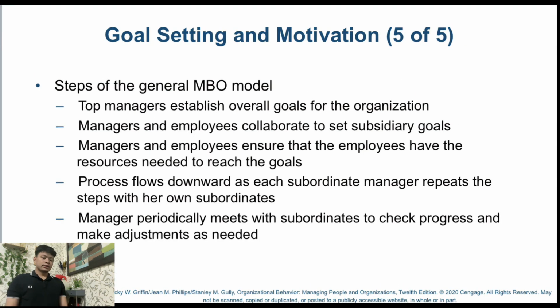So for the last slide, in the General Management by Objectives, or the MBO model, top managers set overarching organizational goals. Collaboratively, managers and employees establish subsidiary goals. Resources necessary for goal attainment are ensured, and the process cascades down as each manager repeats these steps with their subordinates.